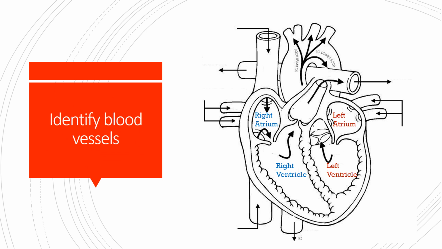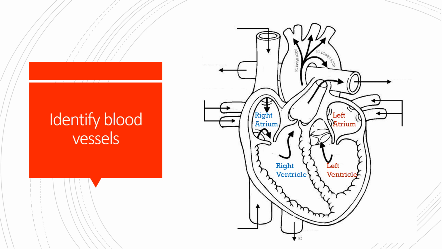So identifying the blood vessels, right? So think about your medical terminology. You know abbreviations for parts of the body, and that's going to help you out. You know bones. Sometimes the blood vessels are named after the bones. So apply that information, whatever the abbreviation is for whatever organ it is.